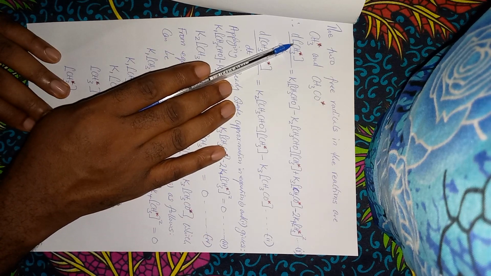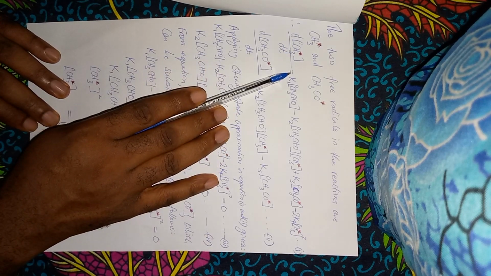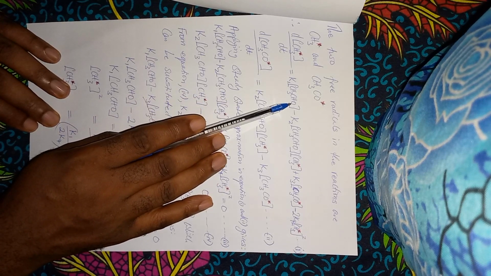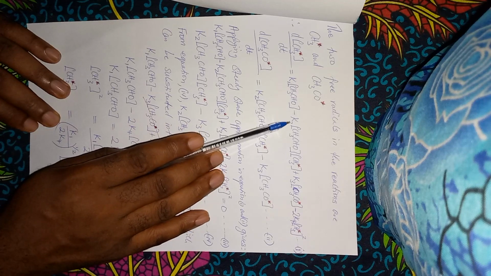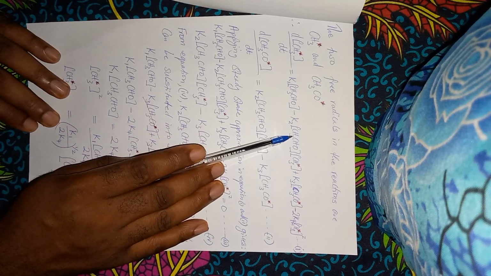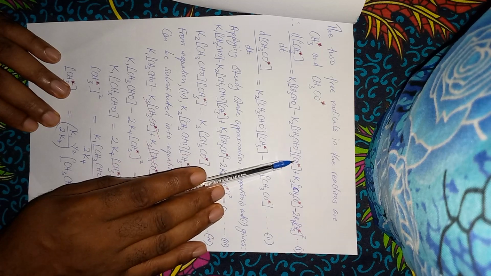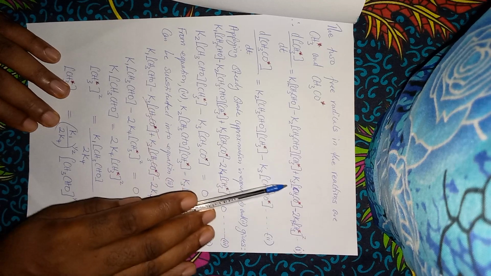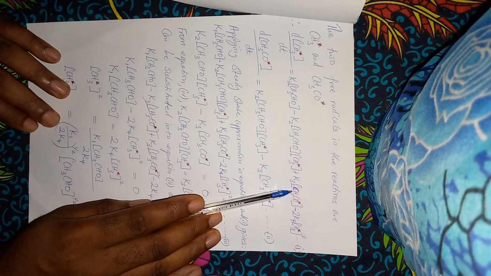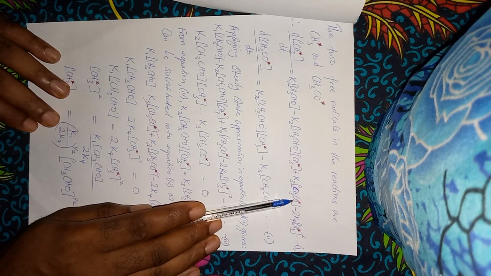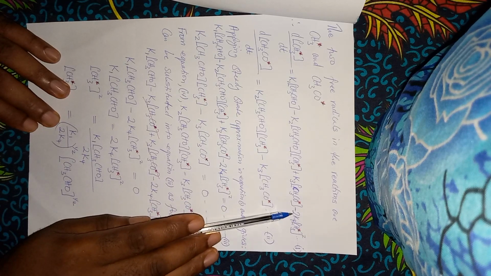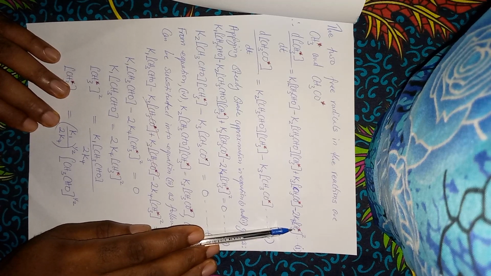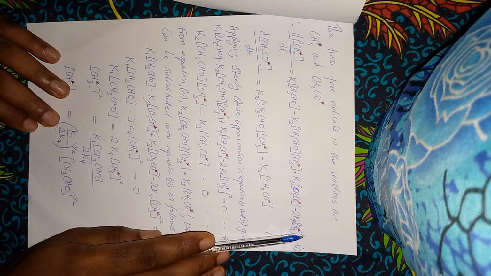So the rate for free radical CH3 is equal to K1 in bracket CH3CHO minus K2 in bracket CH3CHO in bracket free radical CH3 plus K3 in bracket free radical CH3CO minus 2K4 in bracket free radical CH3 raised to the power of 2.